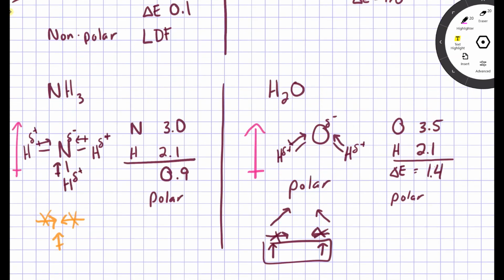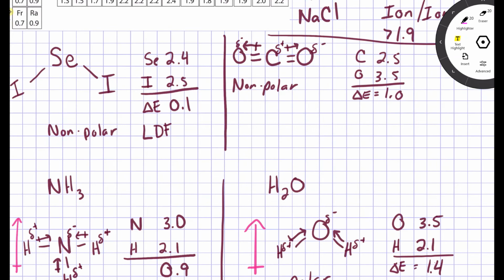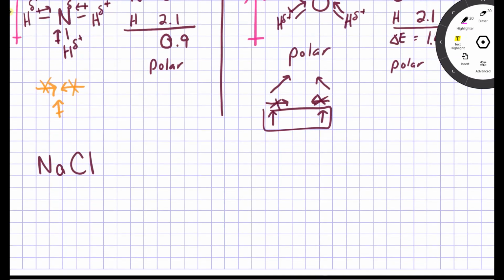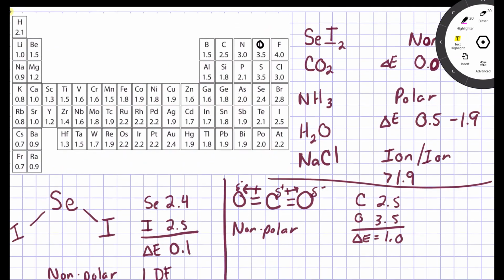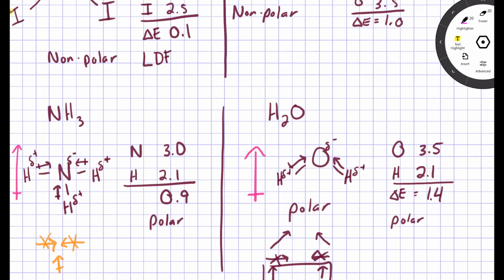And so when I'm looking at this, I'm going to come up here and look at my numbers. I have 0.9 and I have 3.0. So my Na is going to be 0.9 and my Cl is 3.0. And so that's going to give me a difference of, did I do that right? No. Chlorine is, yeah, chlorine is 3.0. Gotcha.